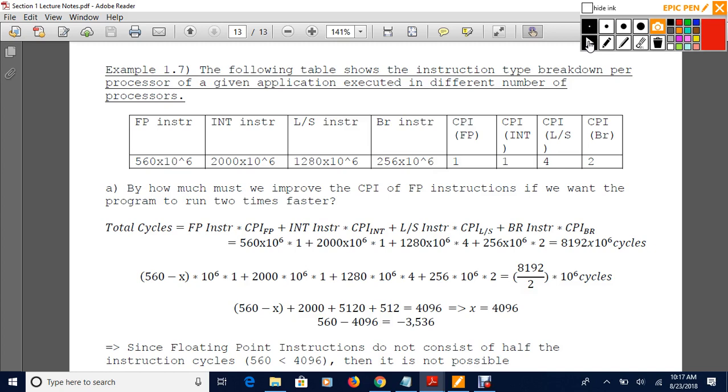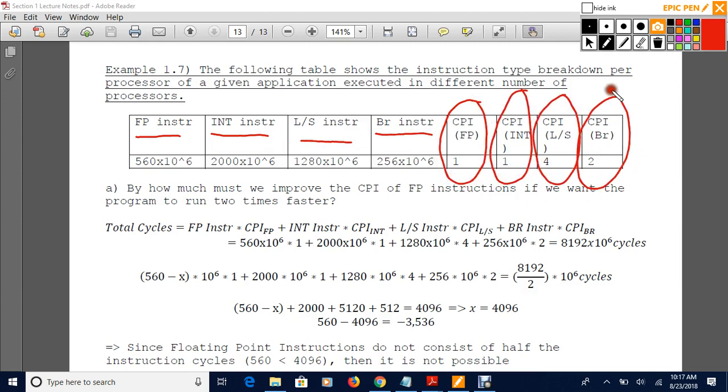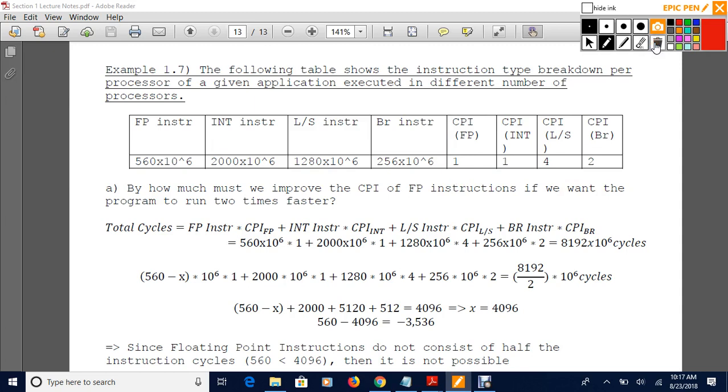Here we have floating point instructions, integer instructions, load store instructions, and branch instructions. In this case, we have the CPI for each instruction type, right? So now I know instructions, I have CPI. Automatically, without even reading the question, you can think, okay, I can calculate the number of cycles, right?